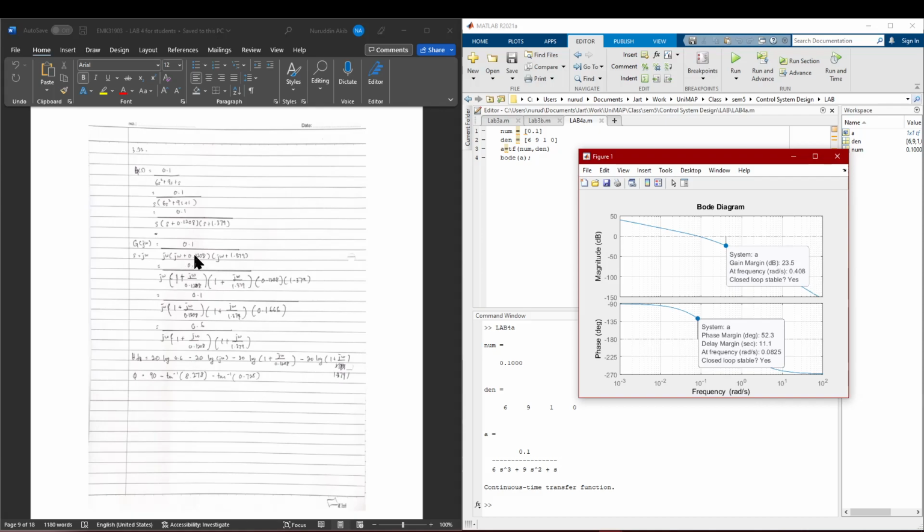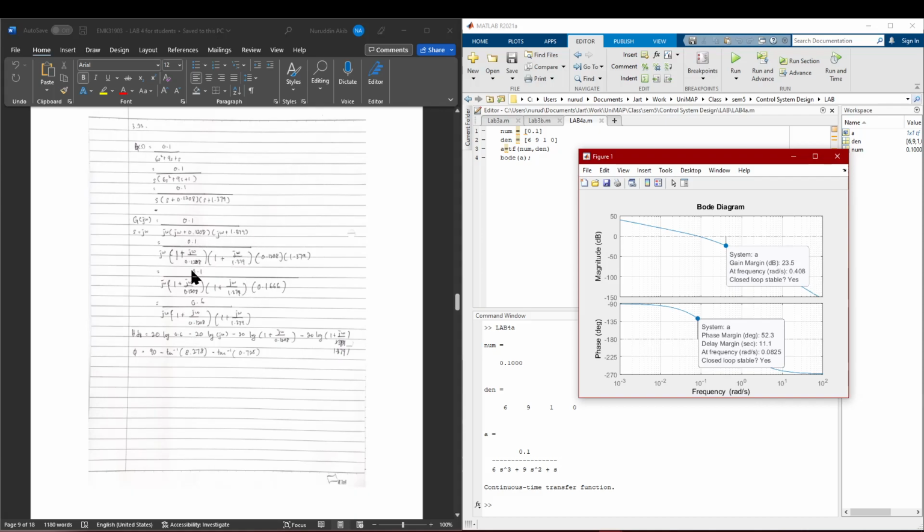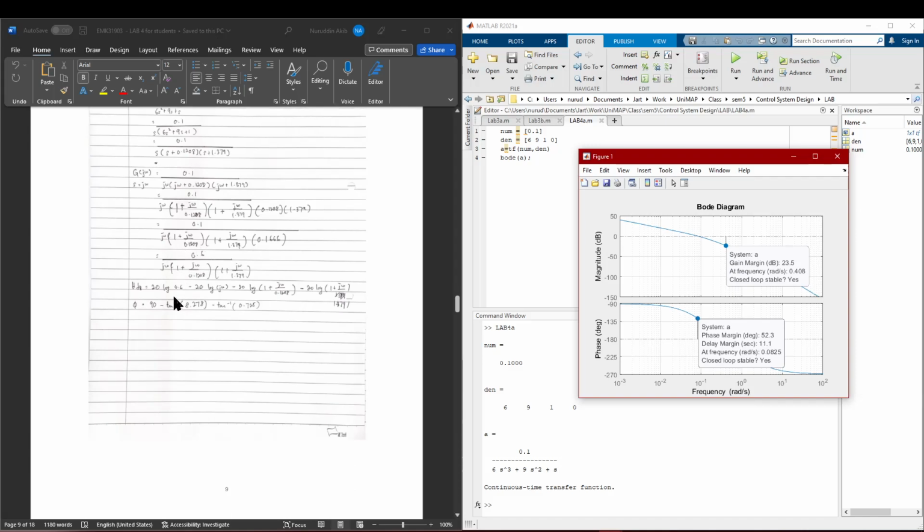So in order to get the plus 1, we need to factorize. After that, we divide by 0.1, we get 0.6 point something, but we take 0.6 and then we use this equation to define everything in the magnitude plot of the Bode plot.